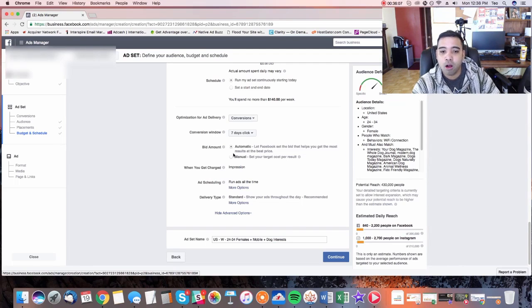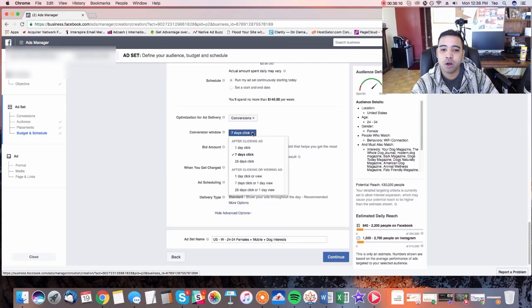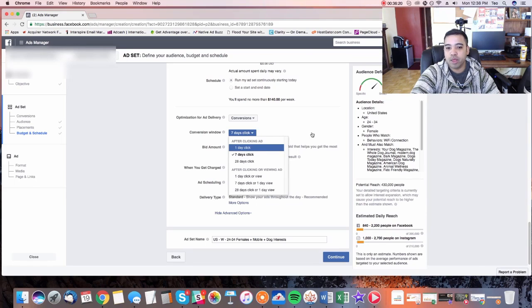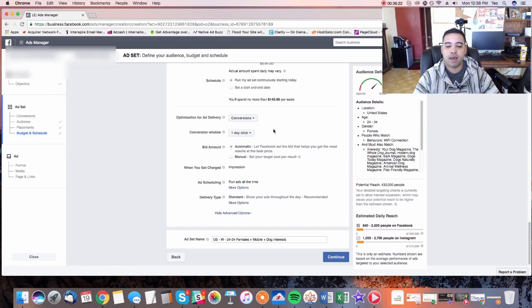Now, one thing you can also do is, Facebook just recently changed this, but now they have 1 day click or view, 7 days click, 28 days. But before that, it was just based on clicks. Basically, one day click means that Facebook is optimizing your campaigns based on whenever that one person clicks. It's based on a 24 hour basis.